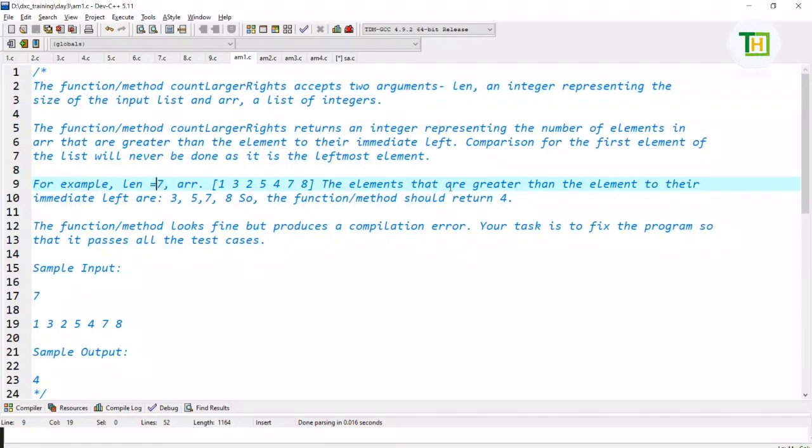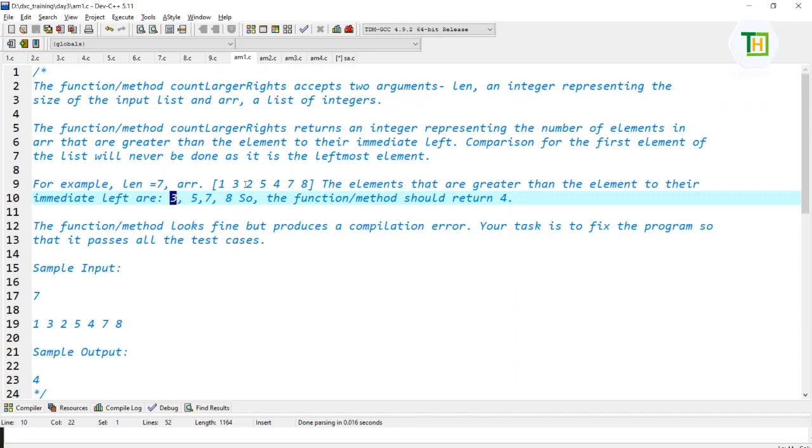We need the elements that are greater than the immediate left element. For example, if I consider 1, it is not greater than the left immediate value, so I'm not considering 1 here. This 3 is larger than 2, so it is the first element.